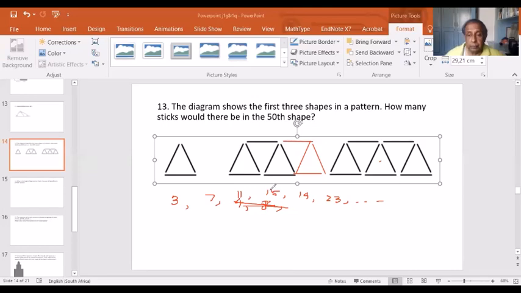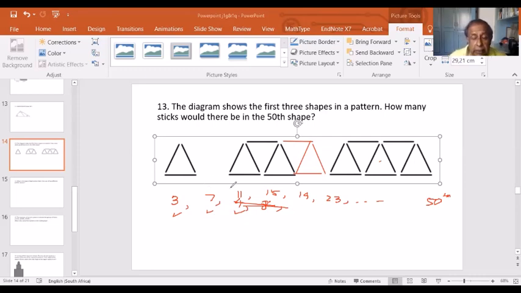Alright, so the first shape has got 3, the second one has got 7, the third one has got 11, and so on. So they want to know what is in the 50th shape. Now you can write down, keep adding 4 until you come to the 50th one, but that will take a very long time. You have to think of some way of easing our calculations.